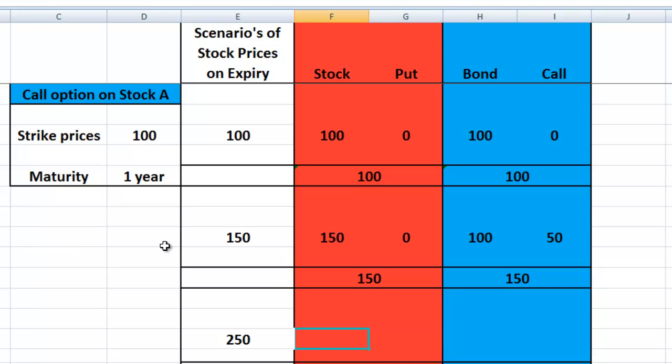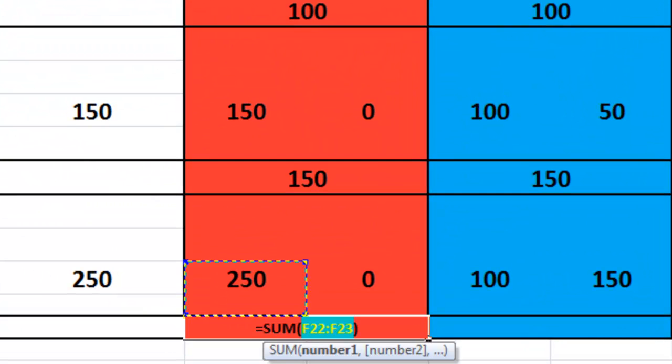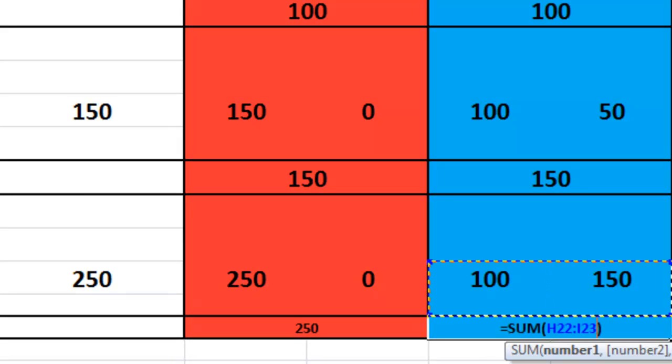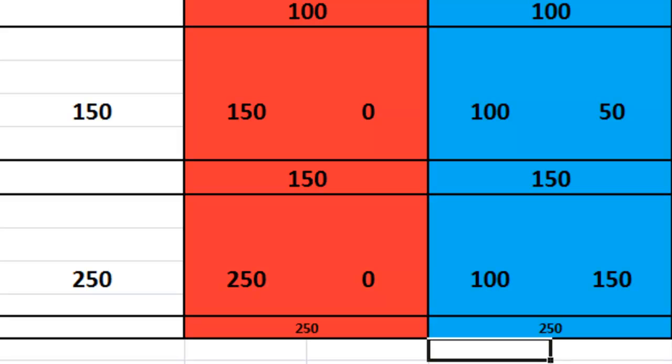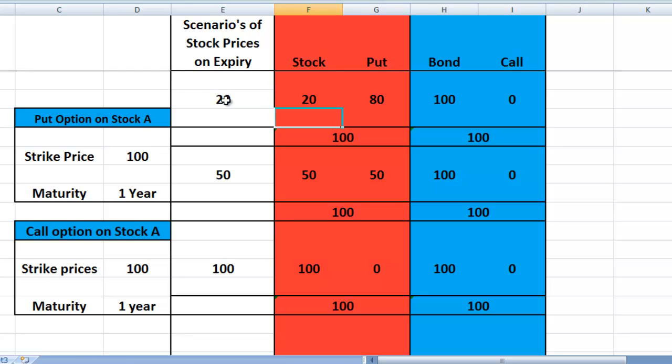If the price is 250, stock will be worth 250, put option will be worth 0, bond will be worth 100 and call option will be worth 150, which means again the value of the portfolio is going to be the same on both sides. So what it really means for us is that no matter what the price of the stock is on the date of expiry, the value of these two portfolios, stock plus put and bond plus call, is always going to be exactly equal to each other.